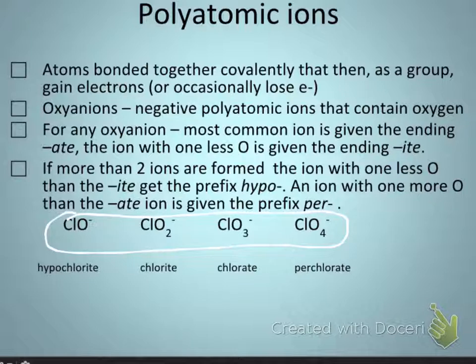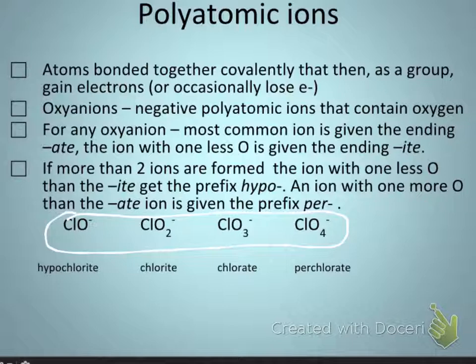In terms of naming conventions, this is something that you do not waste a brain cell memorizing, but I'm going to explain how this works to you. Whatever is the most common of the particular anion made with the particular elements, the most common one gets the ATE ending.